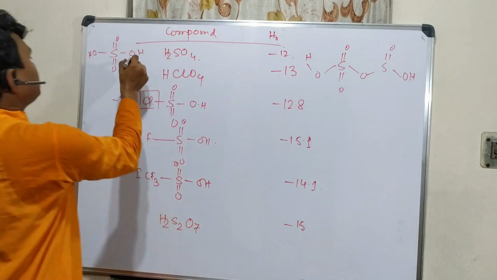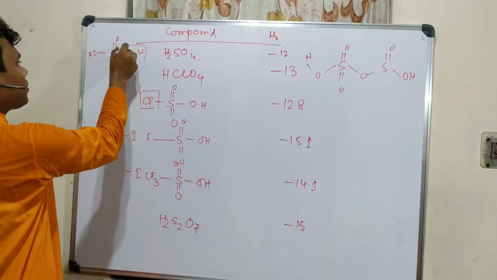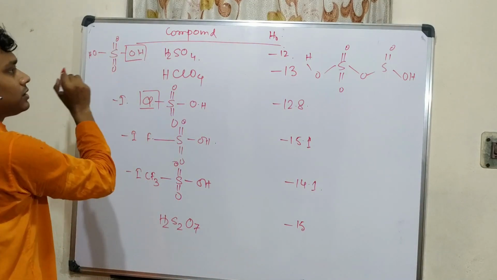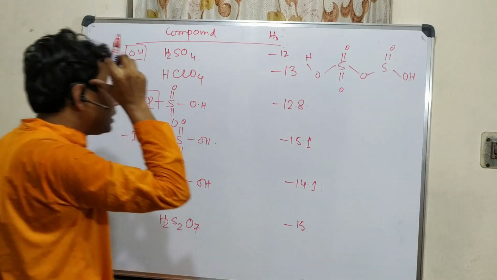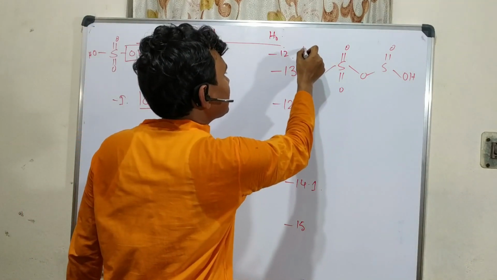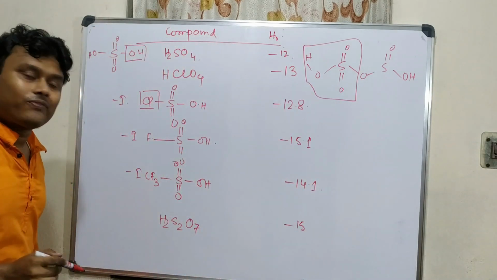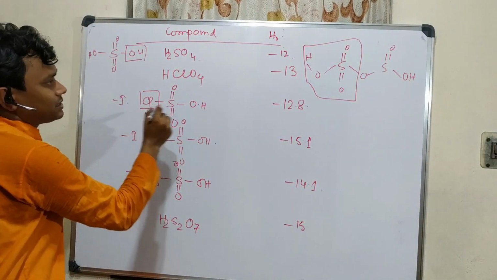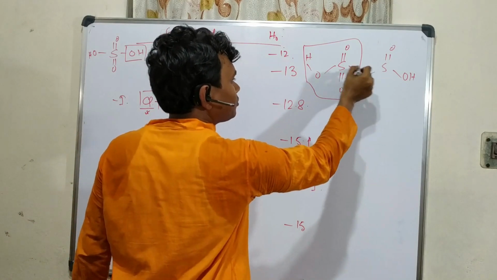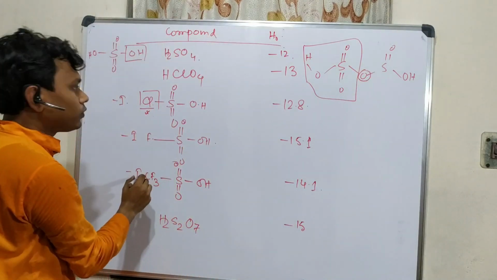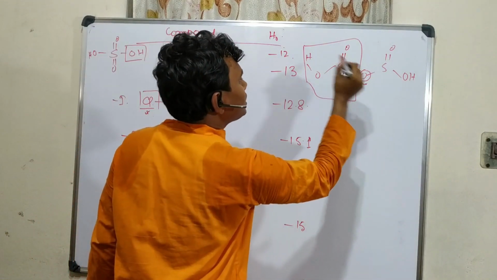Now compare this with sulfuric acid: there, two hydroxyls are attached to one SO2 group; here, one hydroxyl is attached to one SO2 group. You can compare this like chloride being attached, an electronegative atom, or CF3. So this withdrawing effect occurs.